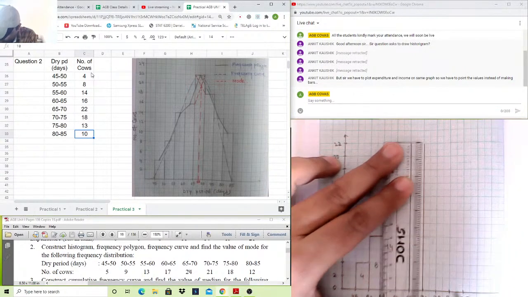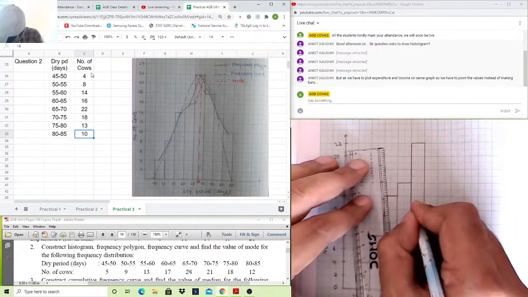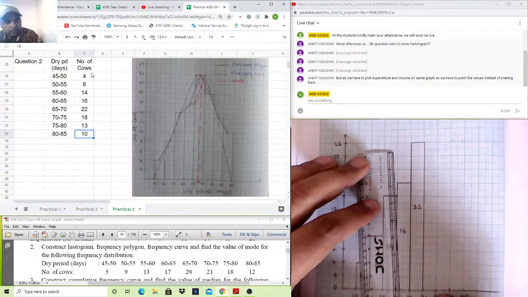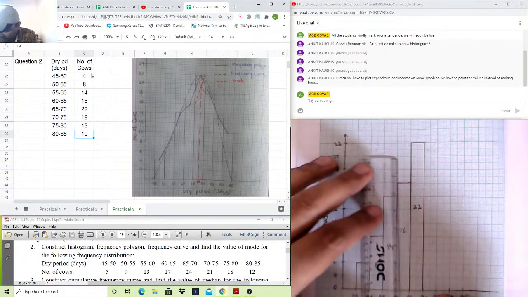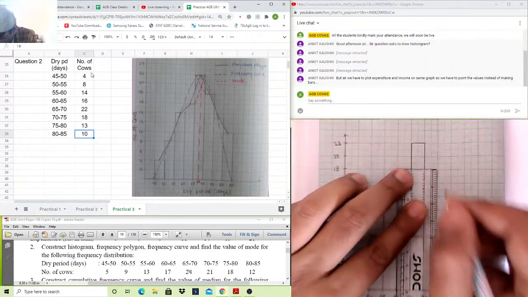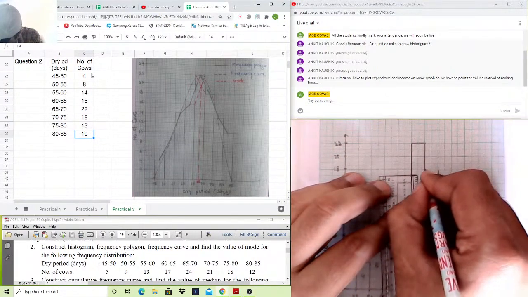That's the maximum number. Then your 70 to 75 is 18.